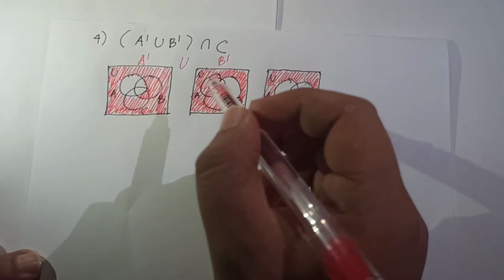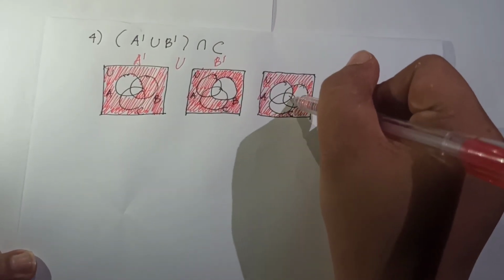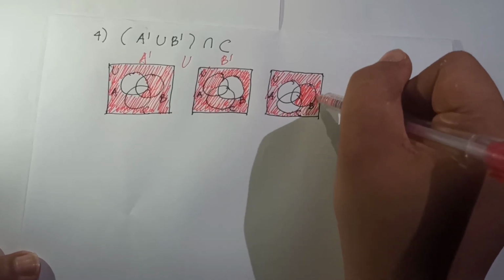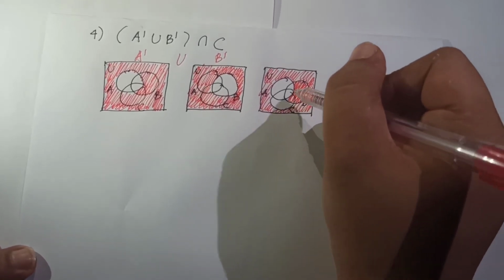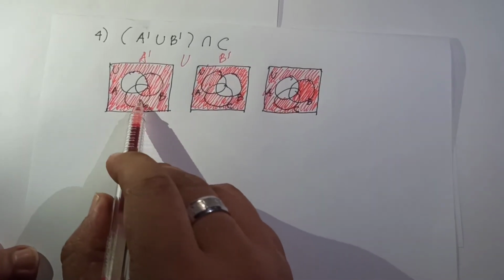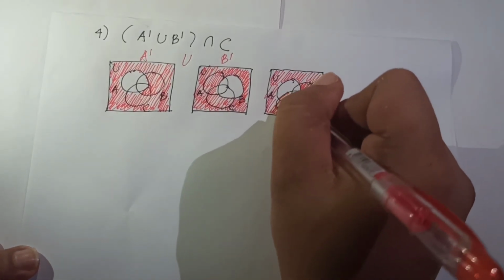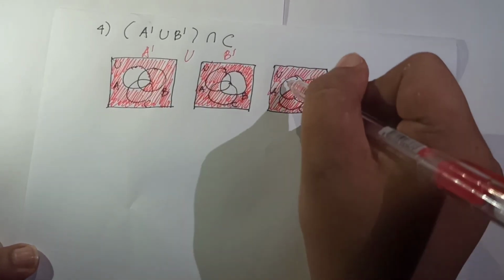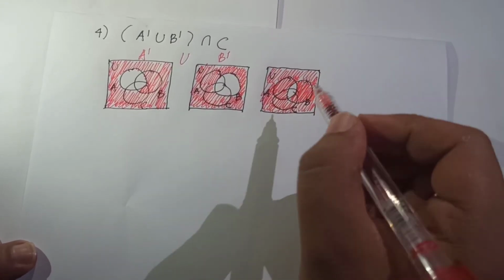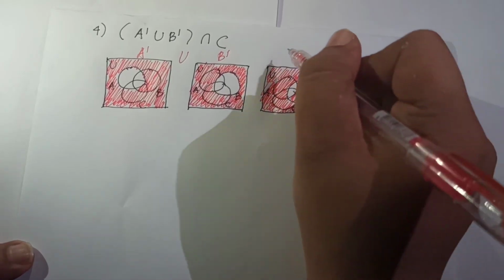And in this case, here is included until here. And included here also based on this, and here included, and here included. So therefore, only this portion has no shade.